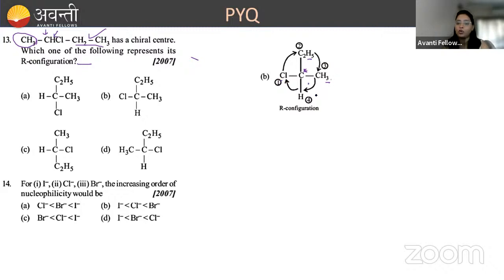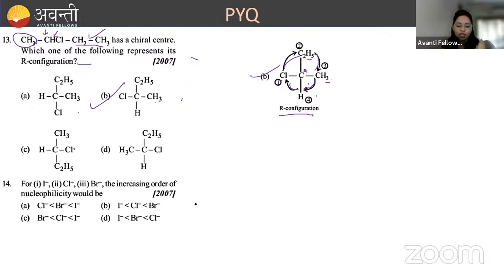Next hydrogen is the lowest in atomic weight, that's why it is the last priority group or substituent. So you can see the movement of this configuration is clockwise, that's why this is R configuration. So which of the below is showing R configuration? So when we check that, B answer. B option is our correct answer.